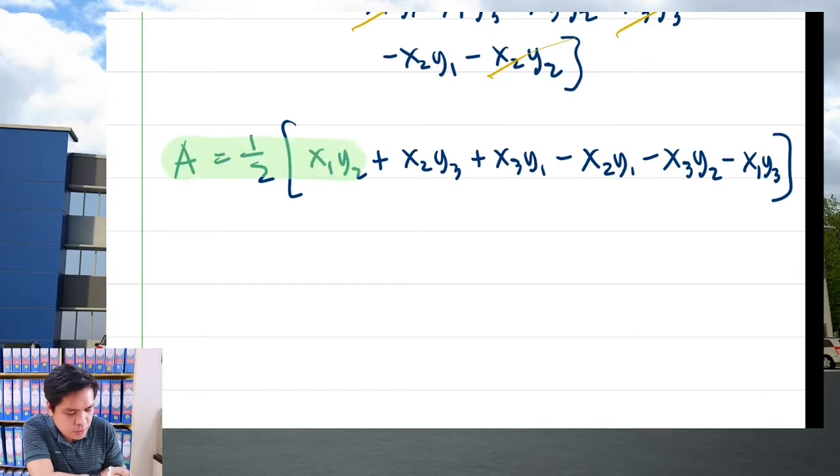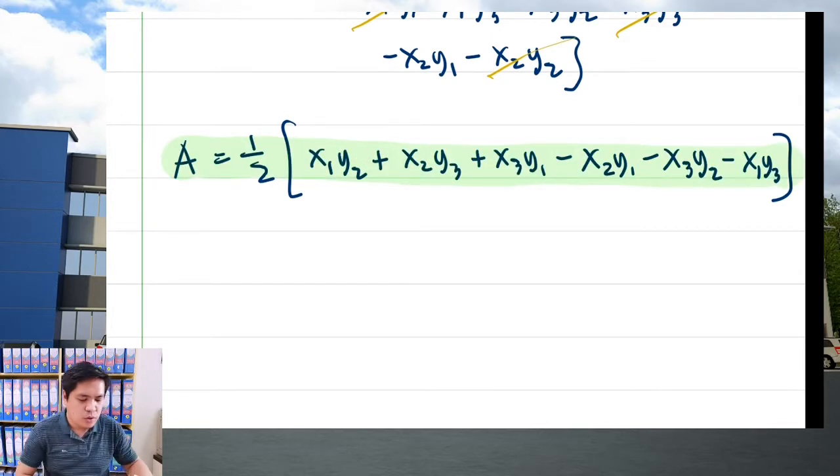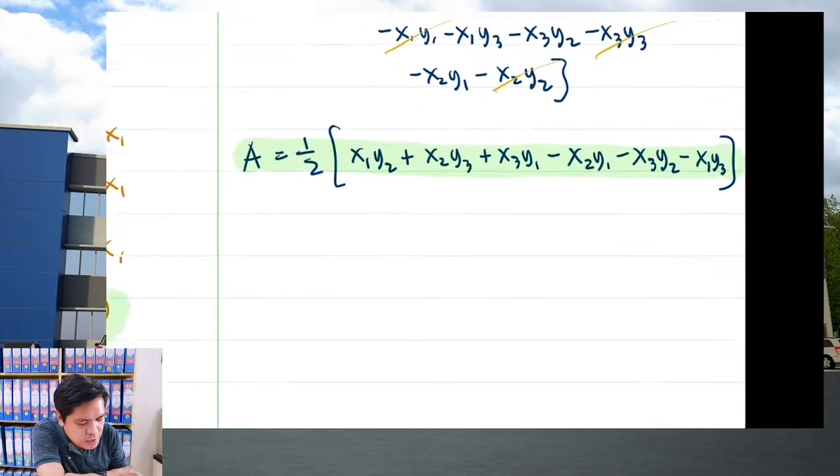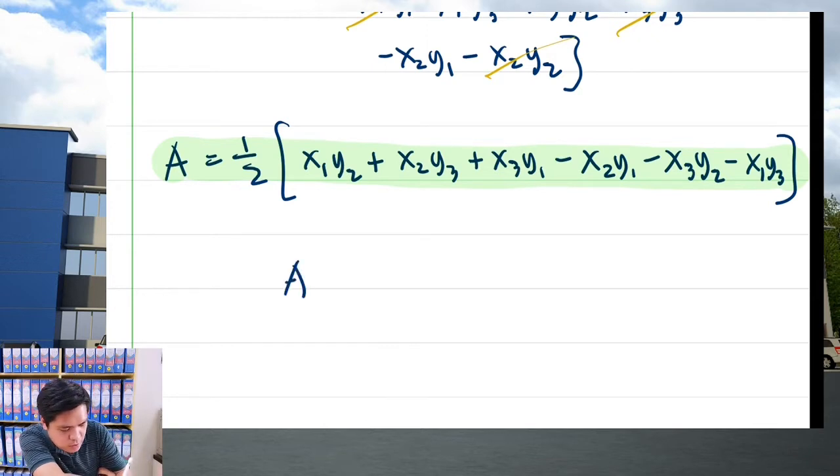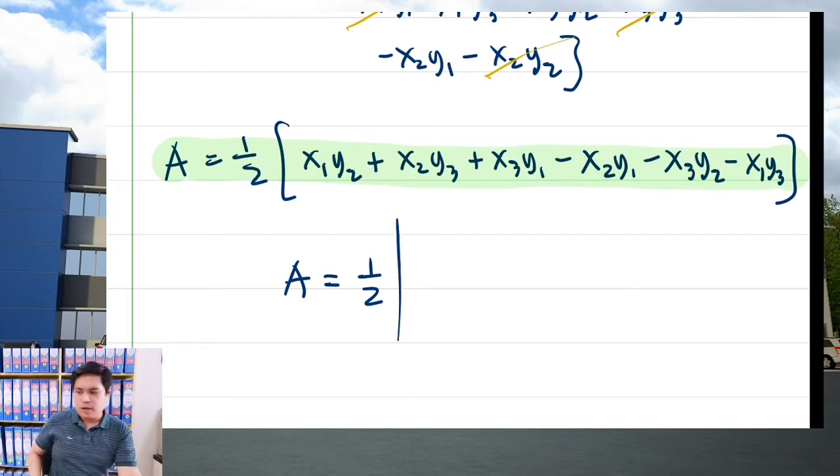But this equation is too long to memorize and quite confusing. So, there is a very easy way of remembering this formula. We'll write this in matrix form. Okay? So, in matrix form, there is 1/2 times the determinant. Sa matrix, hindi pa tayo nakadiscuss ng matrix.